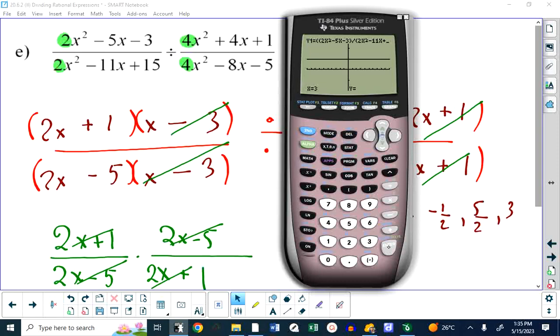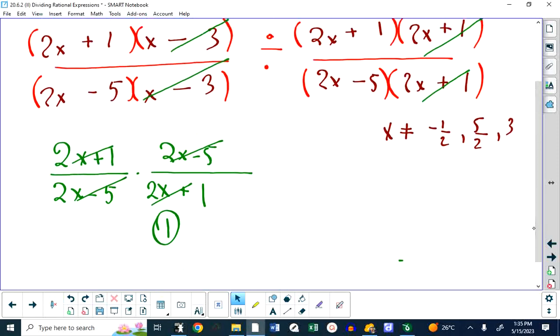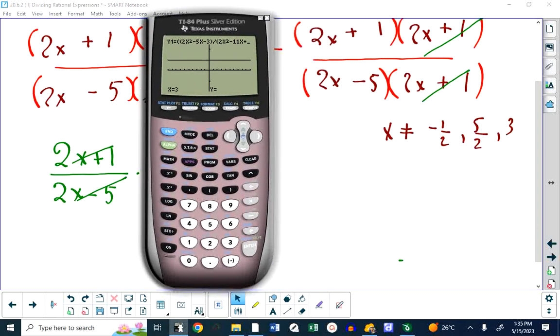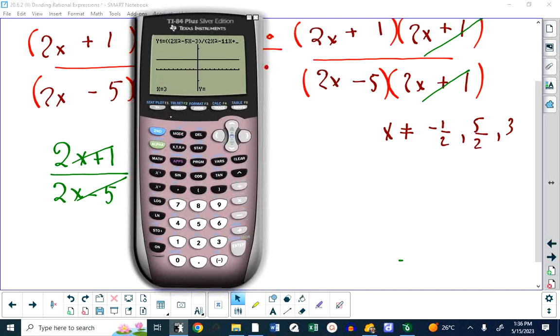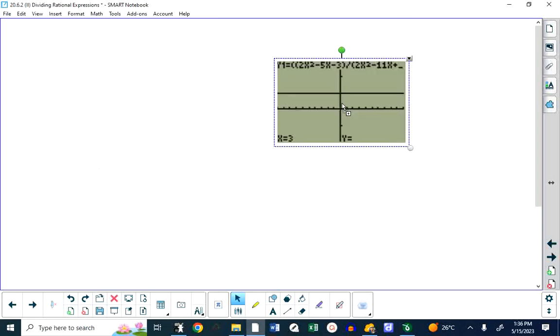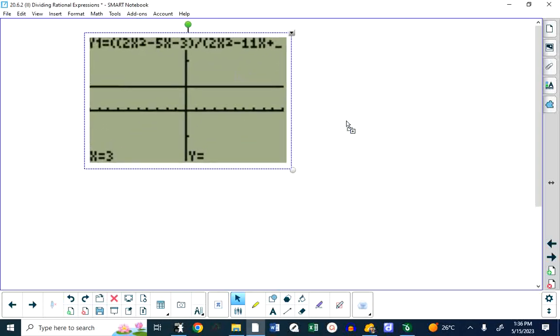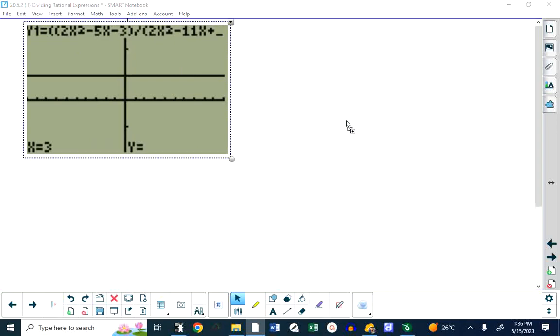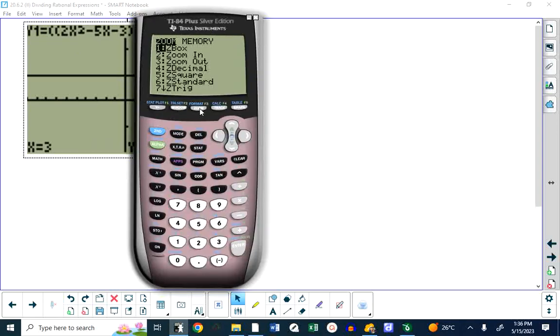You know why? Because x is not allowed to be 3. In fact, and this leads to something we're doing right now in Math 30, don't worry about why this window setting does what it does. Let me pull this off over here. There's what it looks like. I'm going to go zoom decimal. Don't worry about why.